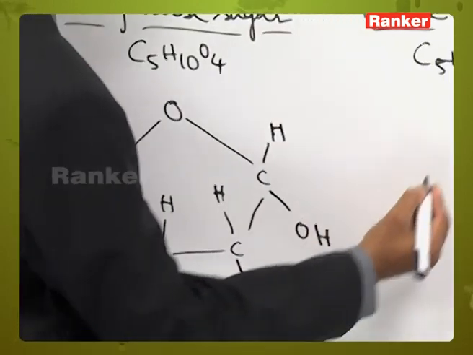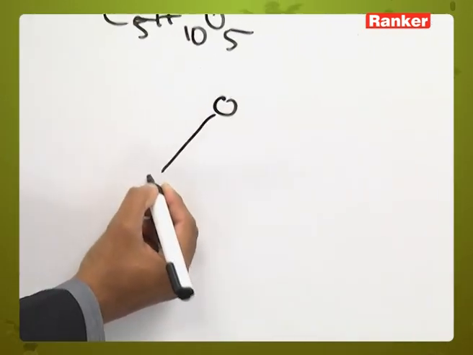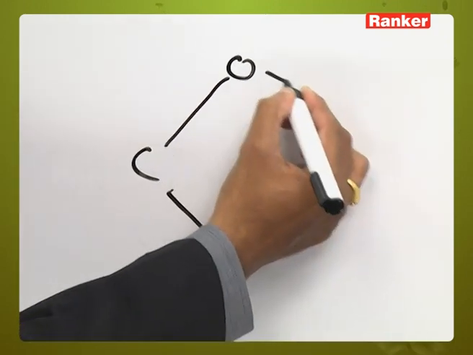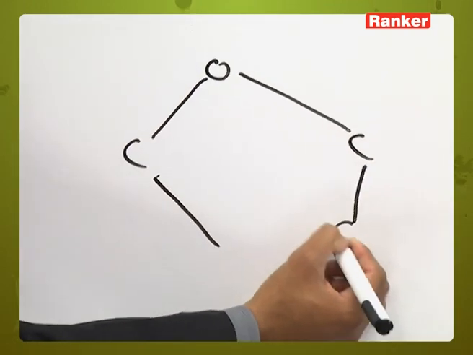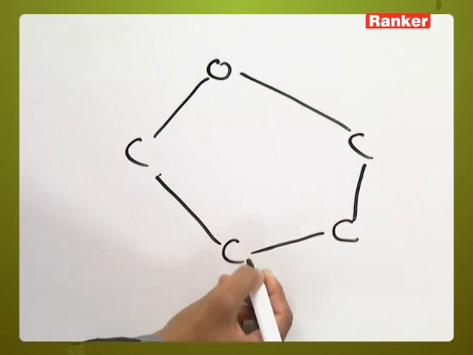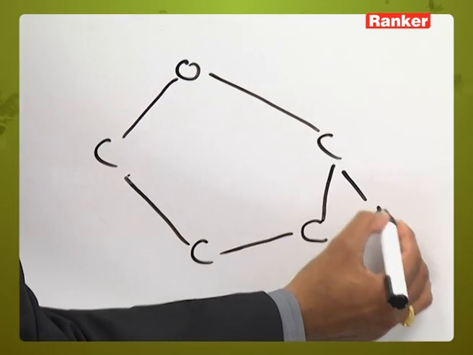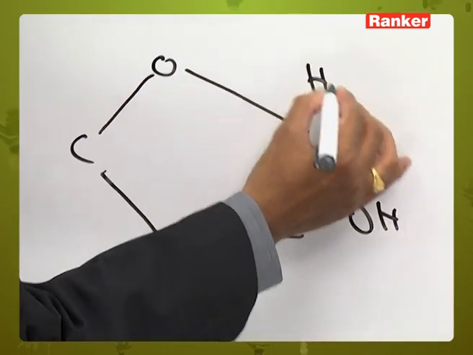Whereas if you see the ribose sugar, it is structurally the same as deoxyribose sugar, but it differs in the position of the second carbon.